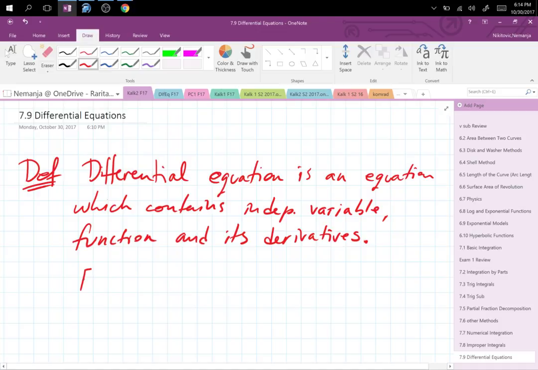Mathematically, we write this capital F, x, f of x, f prime of x, f double prime of x equal to 0.